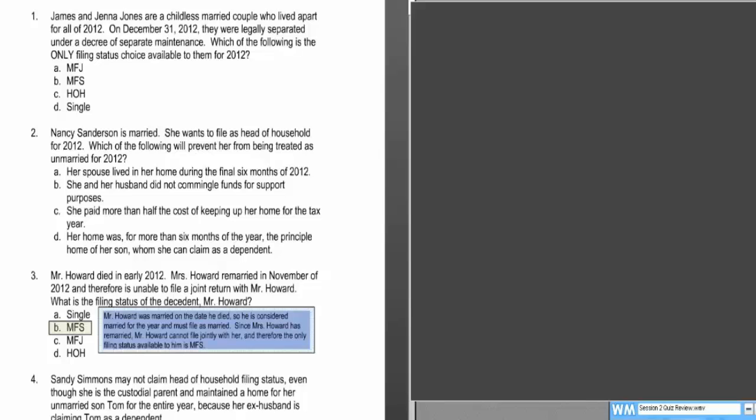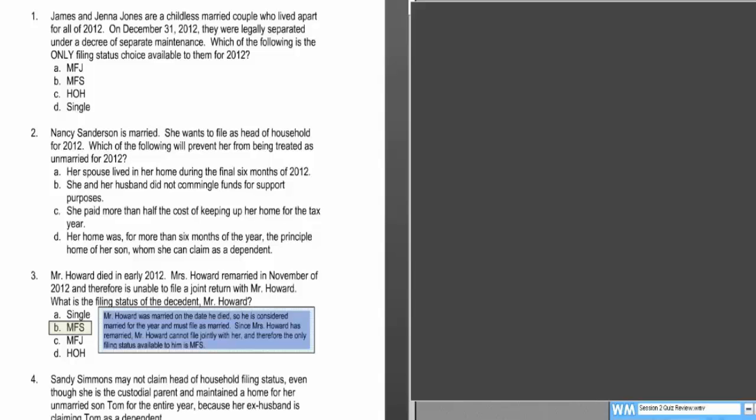So Mr. Howard is not single on the day that he died, so he can't file single. Married filing joint won't work because Mrs. Howard is now remarried and her status on the end of December 31st, 2012 is married but not married to Mr. Howard, so married filing joint doesn't work.